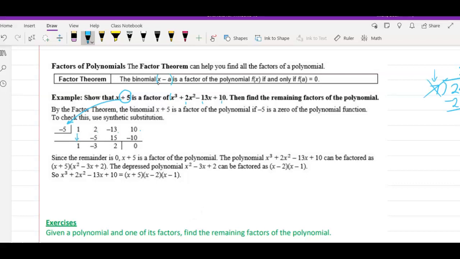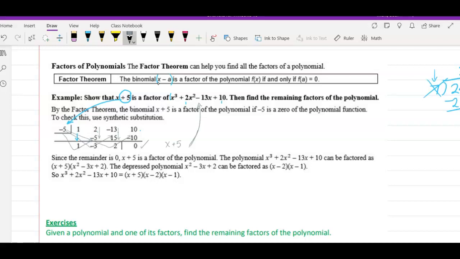We brought down the 1, multiplied it by negative 5, combine 2 and negative 5 to get negative 3, multiplied that by negative 5 to get 15. Combine, going downward, negative 13 and 15 gives me 2, negative 5 times 2 gives me negative 10. When I combine those, I get a remainder of 0. That means that x plus 5 is a factor of this original polynomial, because when we divide by it, we get a remainder of 0.